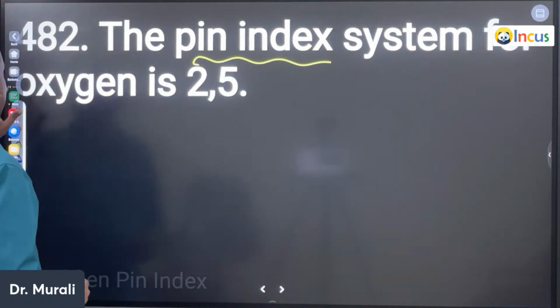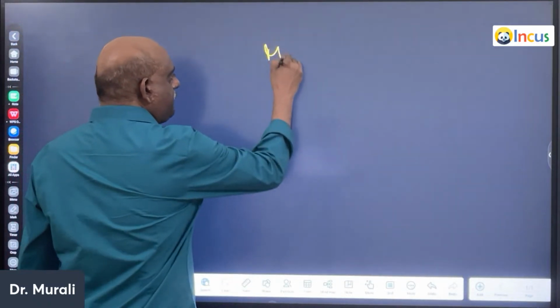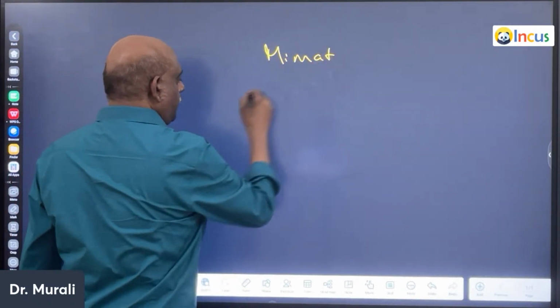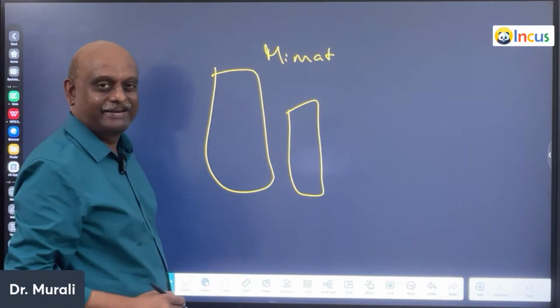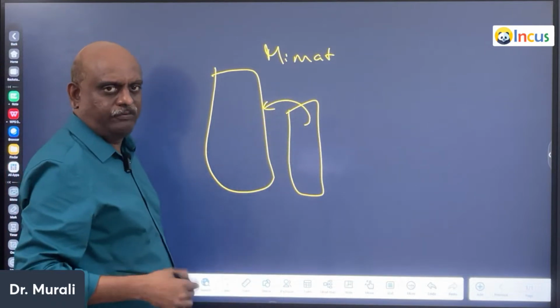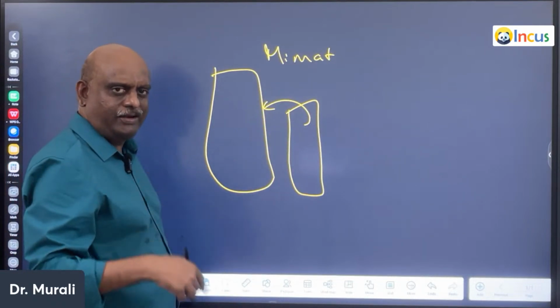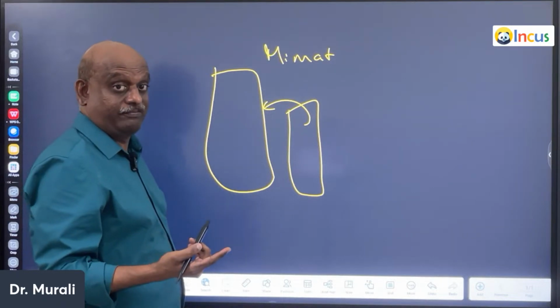Basically you require pin index because there can be a mismatch. You have the anesthetic equipment and you have the anesthetic gas cylinder. If you confuse between oxygen, nitrous oxide, etc., there can be a problem for the patient.